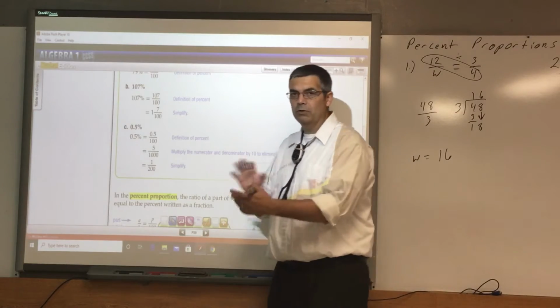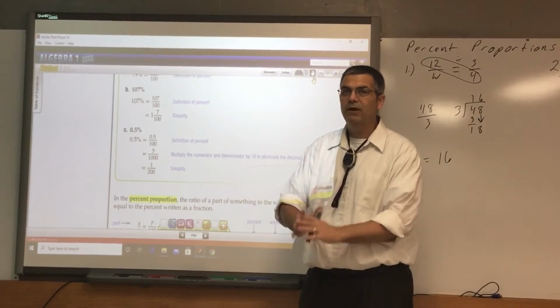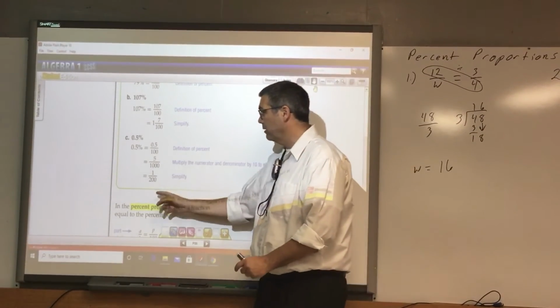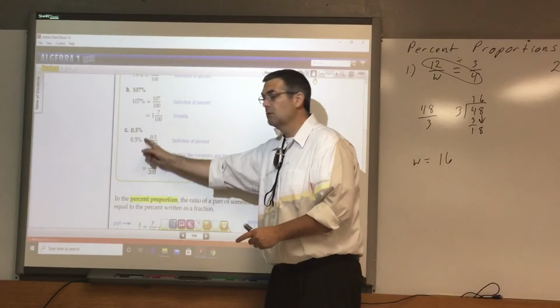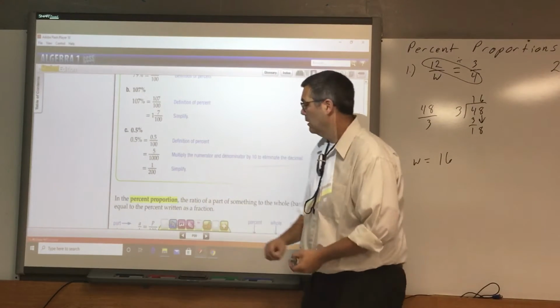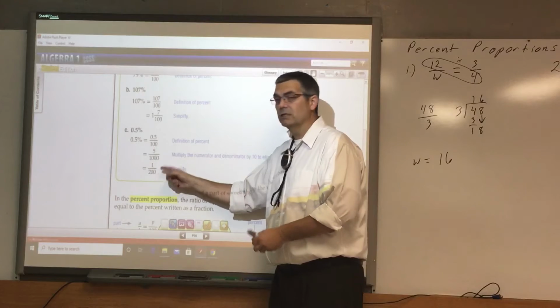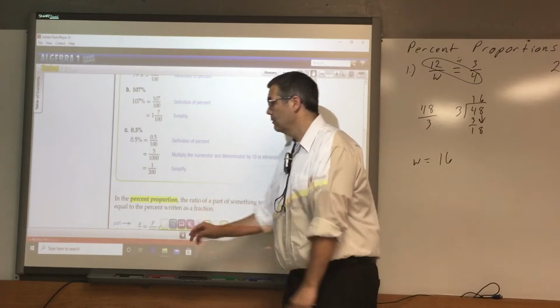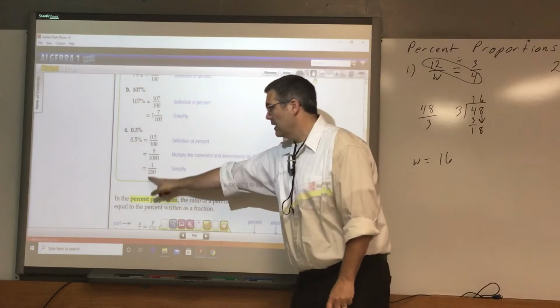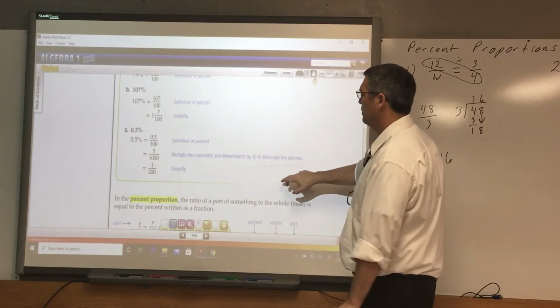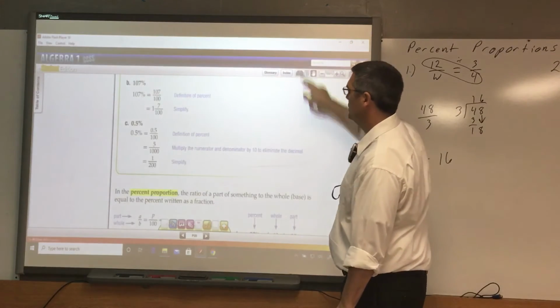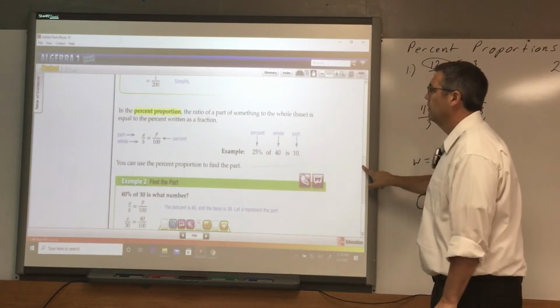At the end, when we're done, we'll do all the simplifying, but we're not doing it right now because this number is going to be usable for us. But if you wanted to reduce this, this is how you do it. So they reduced that number to 1 over 200, and they were good. All right, percent proportion.